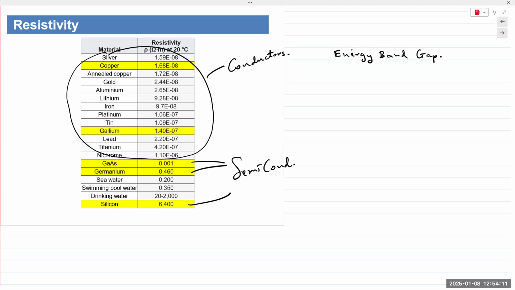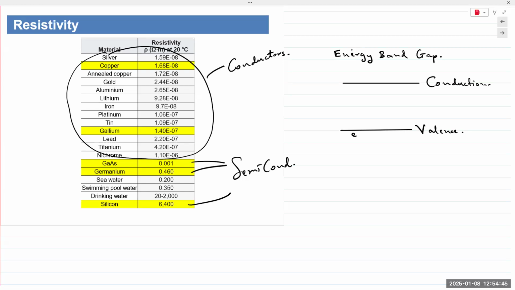If you have that energy band diagram, at the bottom you have what is known as the valence band, or the valence energy level. At the top, or the other end, you have the conduction band. If an electron receives enough energy that it can move from the valence to the conduction band, then it's now free to move about.